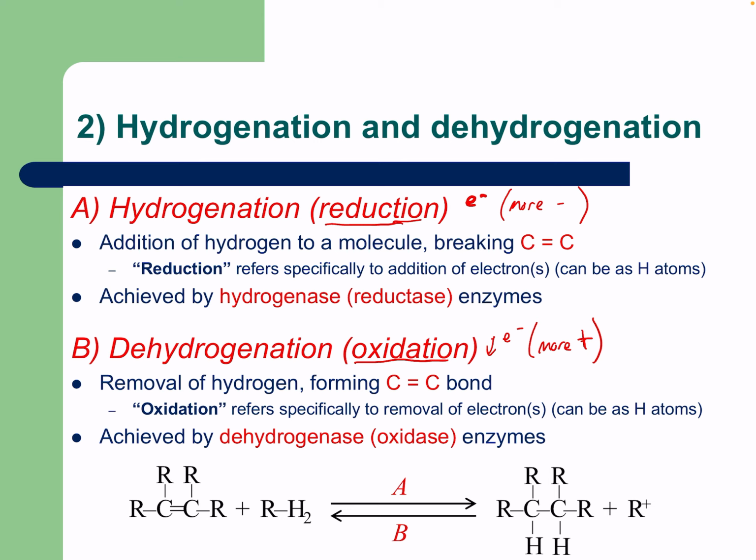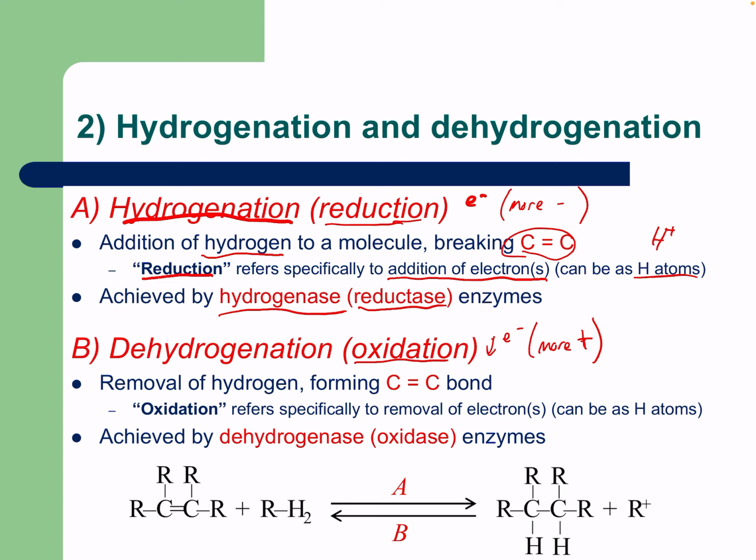Hydrogenation is the addition of a hydrogen to a molecule, breaking the carbon-to-carbon double bond. It involves reduction, which refers specifically to the addition of electrons, and these can be seen as hydrogen atoms. Hydrogenation is achieved by hydrogenases, also known as reductases. Certain enzymes you'll see as hydrogenase or reductase, but either one means it is being hydrogenated.